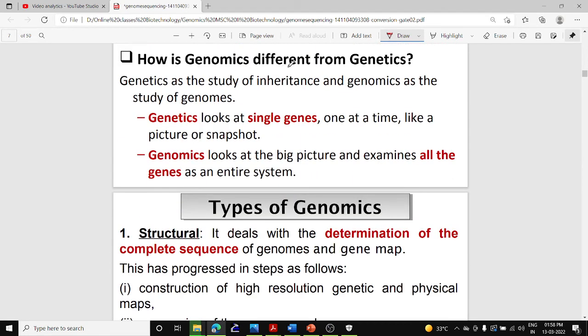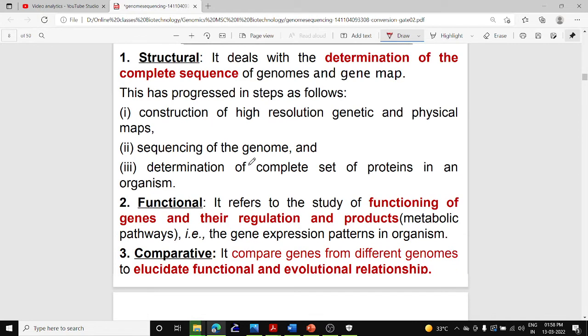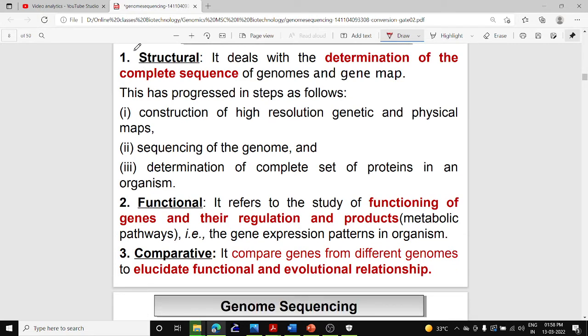How is genomics different from genetics? Genetics looks at a single gene, and genomics looks at the big picture from all the genes. There are three different types of genomics. The first is structural genomics. Structural means what?